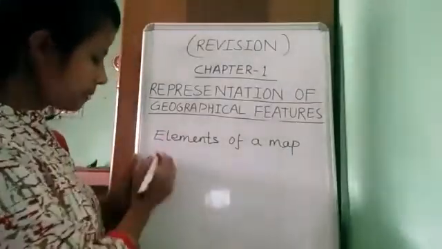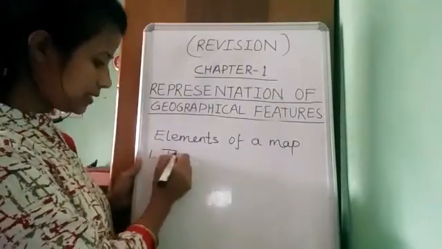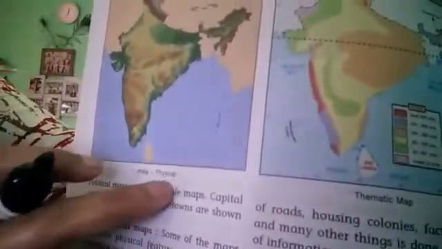In the elements of a map, first one is title. From the title only we get to know which map this is. Here it is written, physical. It means physical map. The title of the map is physical. Here the title of the map is thematic map.